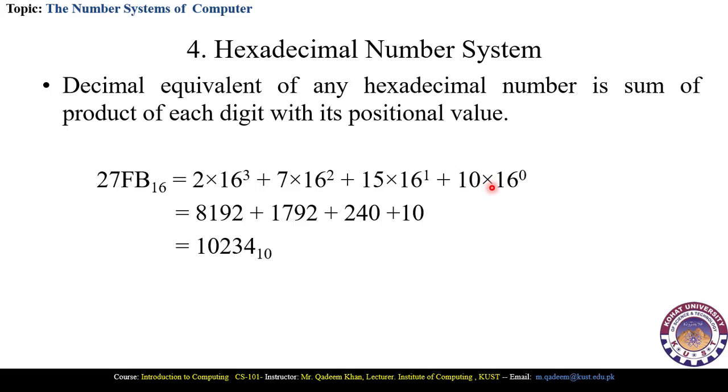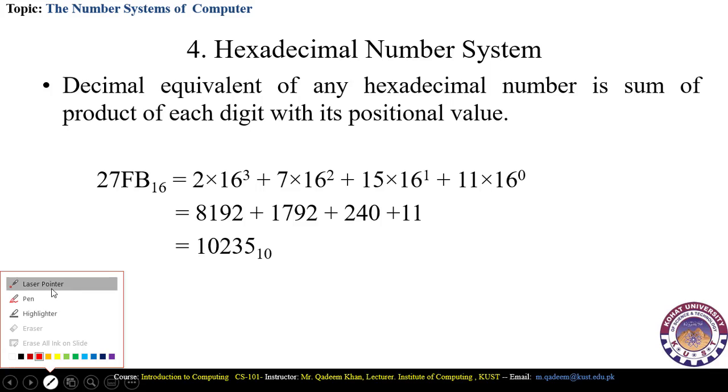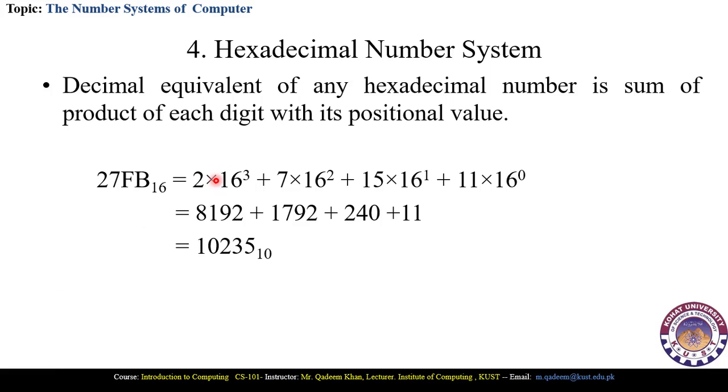So you can see that 7 is multiplied with 16 power 2, and F is in fact 15, multiplied by 16 power 1, and B represents 11 here.